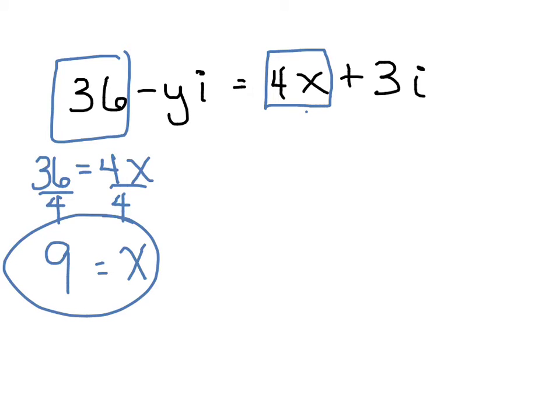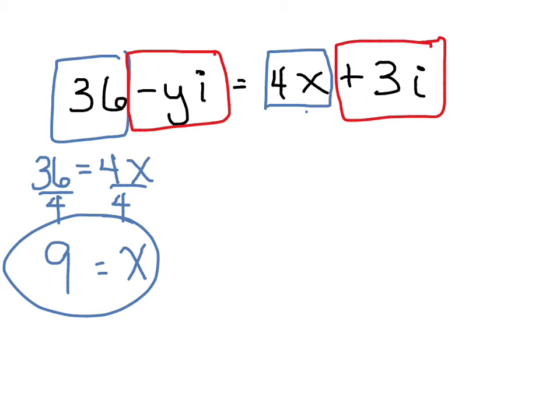Okay, where's the y? Next to the i on which side, left or right? It's on the left side. So if it's on the left side, then you need to set it equal to what's on the right side in that spot. Does that make sense? You need to match the spots together. So I have negative yi equals 3i. How do I solve for y?